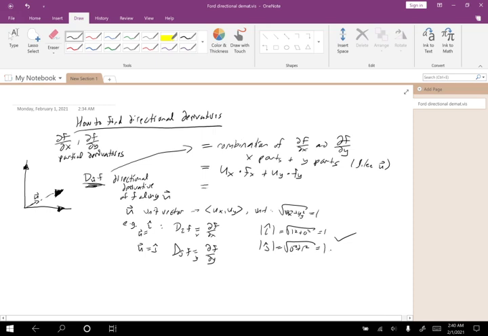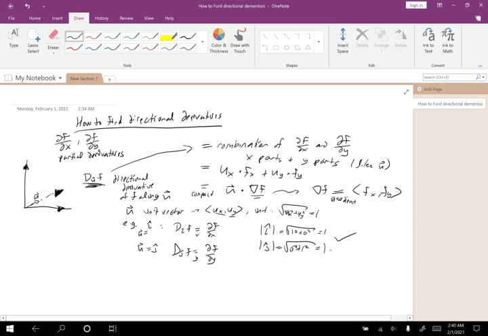And there's a compact way to represent this. It's just the dot product of u with the derivative of f in vector form. The vector derivative is called the gradient, and this thing is just fx, fy, similarly to how we have ux and uy.